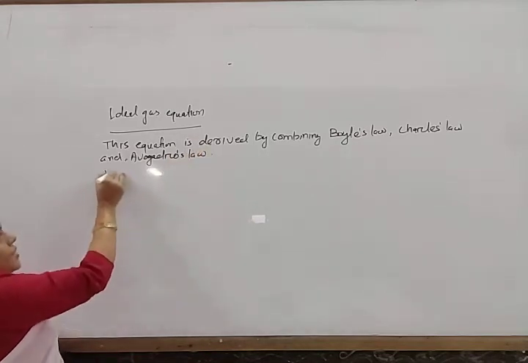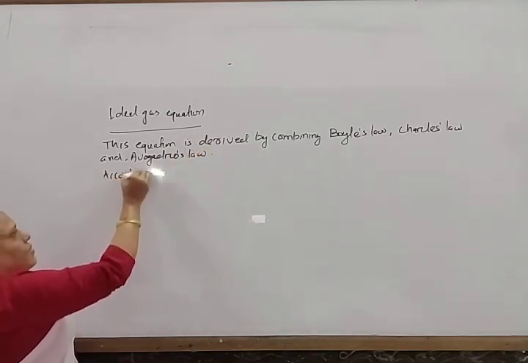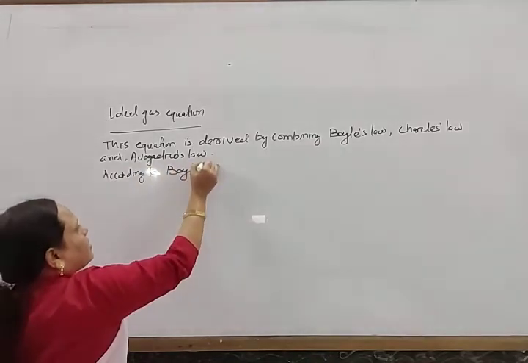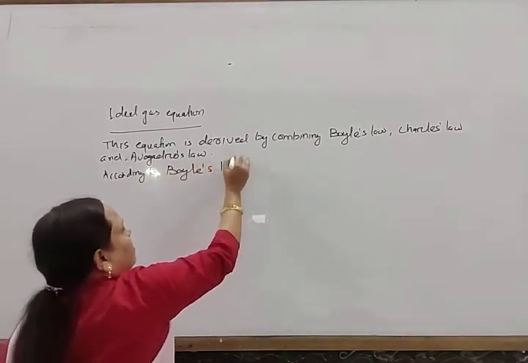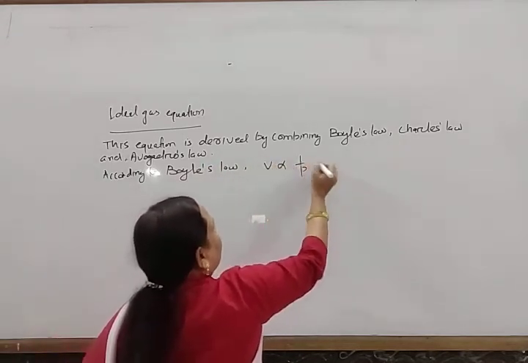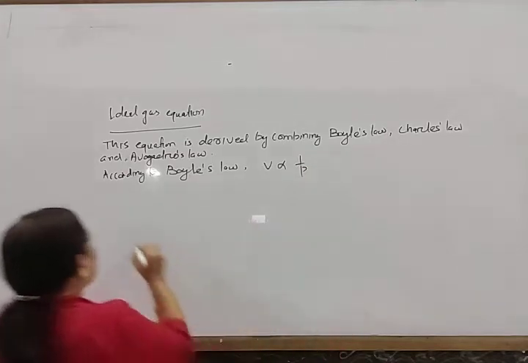By applying all the gas laws, the ideal gas equation is derived. According to Boyle's law, V is proportional to 1 by P.